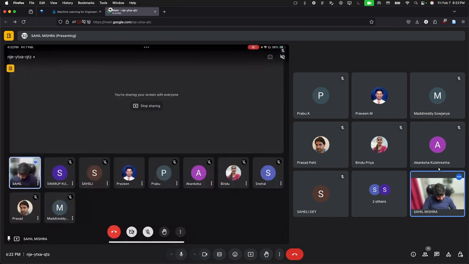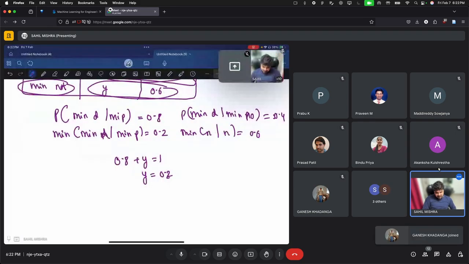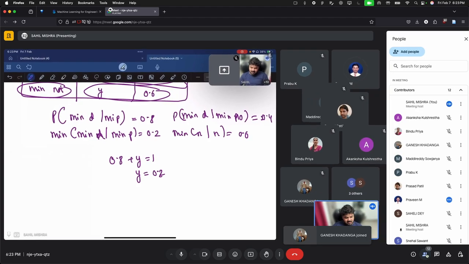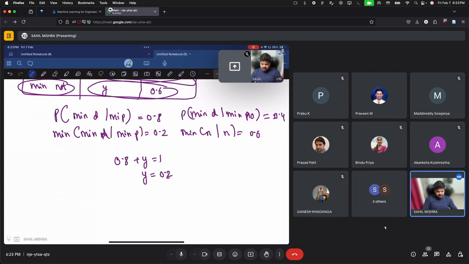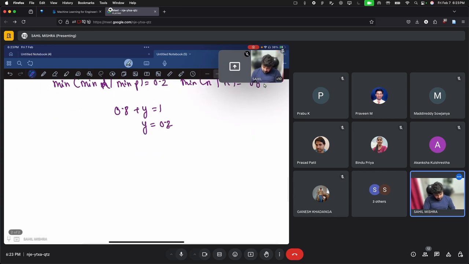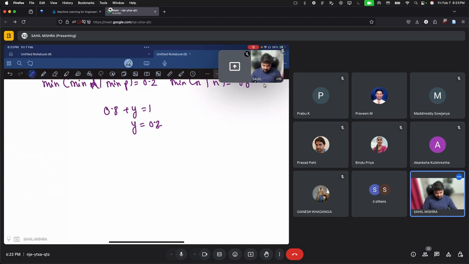So assume a person has cancer and the doctor misclassifies it and says, you don't have cancer. In that case, the person goes home, enjoys his life, and one day he dies. So that is the cost of misclassification. Okay. Correct.